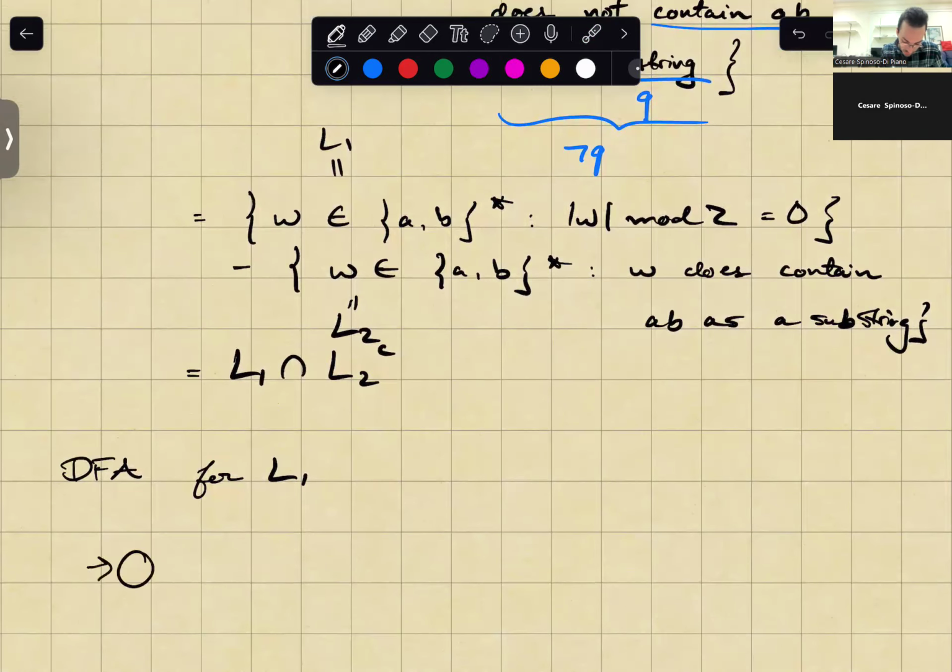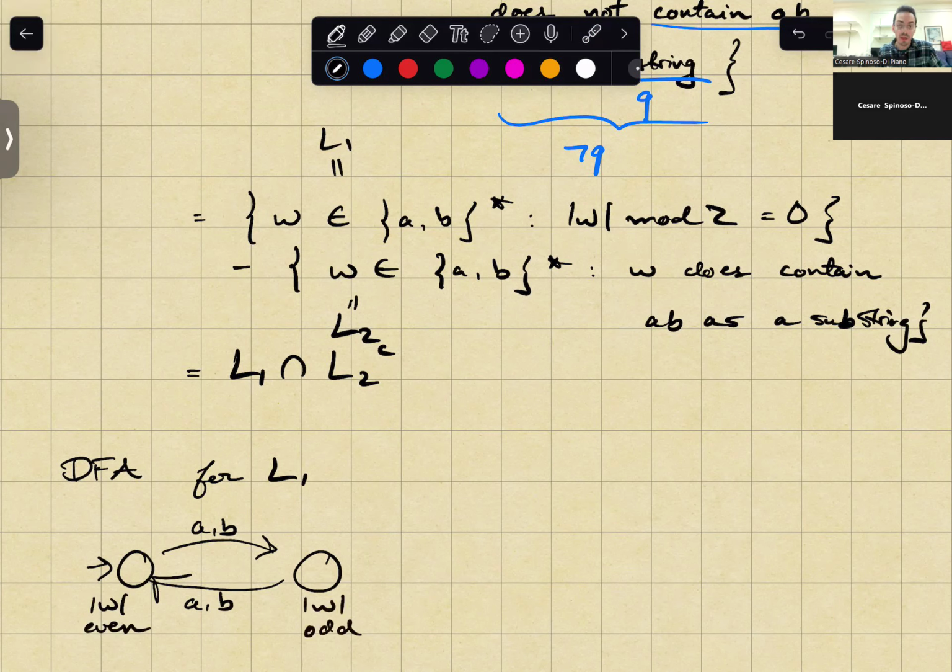So this is just a DFA that flips back and forth between the length is even, which is going to be the start state, and the length is odd, which is going to be the other state, right? So the flip of the start state. And I want to accept strings if they have an even length, so I'm going to make the start state an accept state. So that shows that L1 is regular.